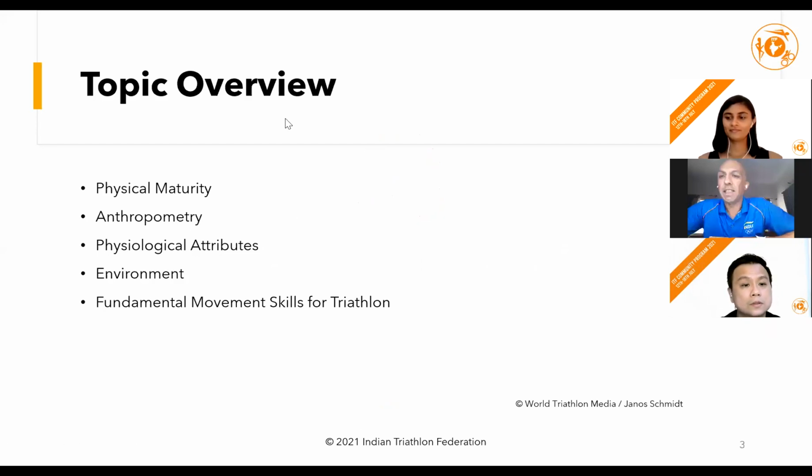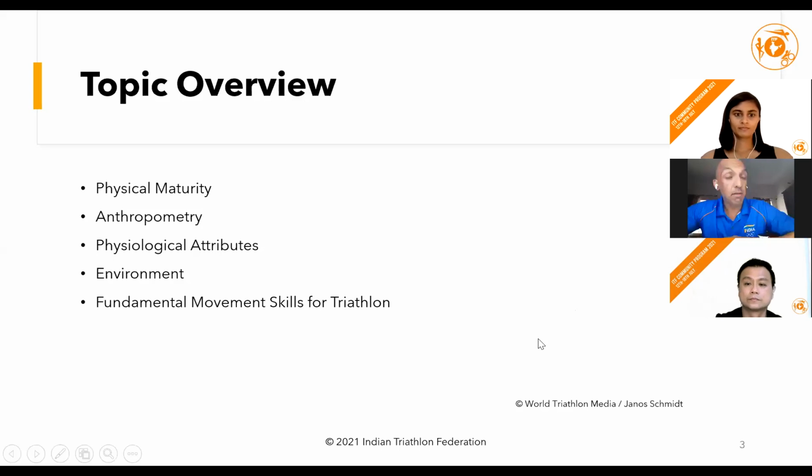We'll discuss some aspects, obviously, physical maturity, anthropometry, the physiological attributes, the environment in which talent breaks, and then obviously some of the movement skills for triathlon. I know in the past 2 sessions, you've learned about the swim, bike, run, and transitions. We'll discuss a little bit of those, plus some locomotive aspects.